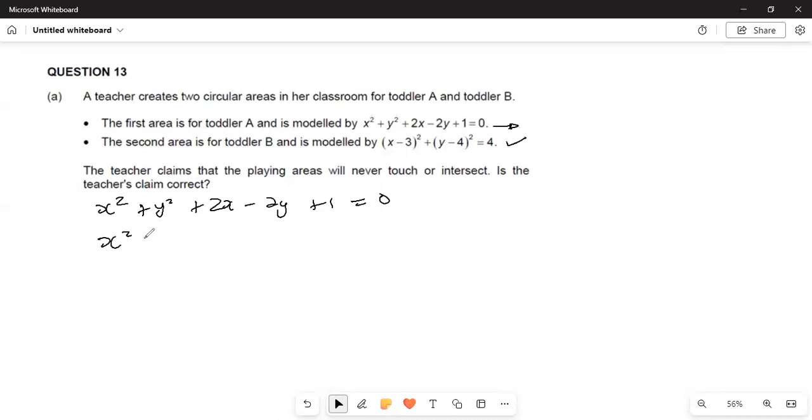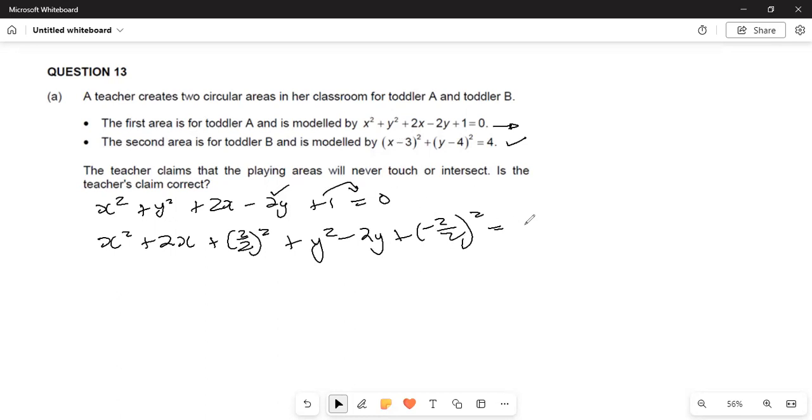So we have x squared plus 2x, then we're going to add half of b squared, then we have plus y squared minus 2y, and we're going to add half of that b squared. Okay, and we're going to move that 1 to the other side.